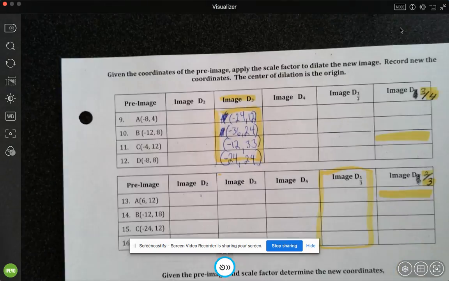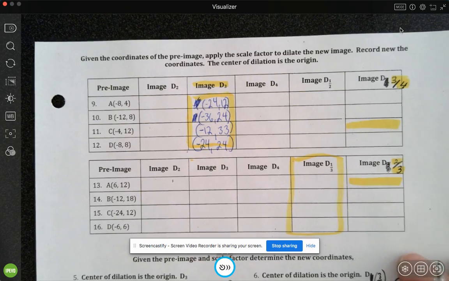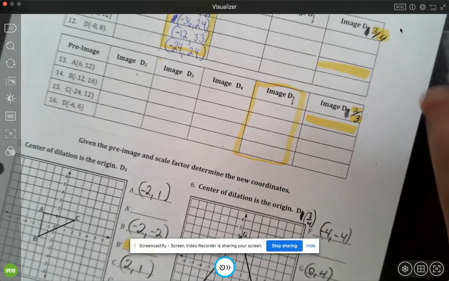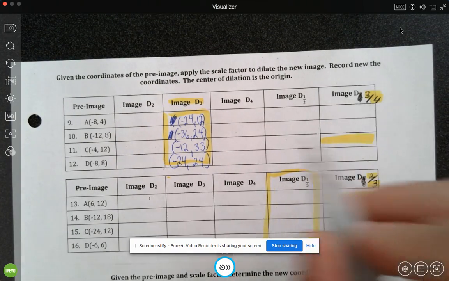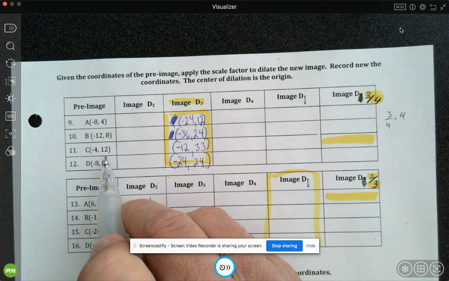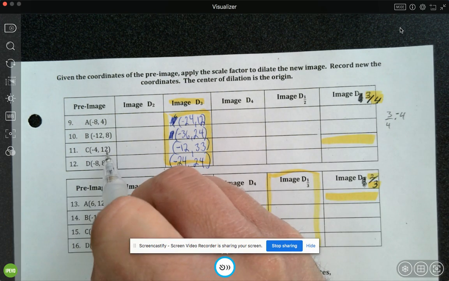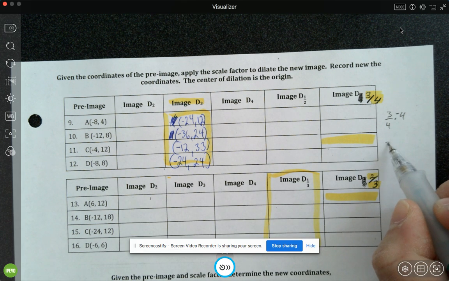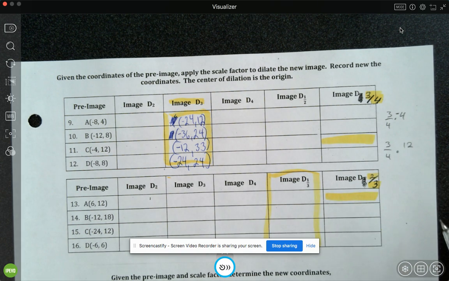I wanted to do one of them where the scale factor was 3/4. I'm going to get my pencil. You're going to have to scratch these out somewhere on the side or on another sheet of paper. I don't know what 3/4 times 4 is, so I'm going to go 3/4, like in the other video, times 4, and I'll put -4 just so I don't forget the negative, and I have to multiply it by 12 too, so I'm going to do 3/4 times 12.